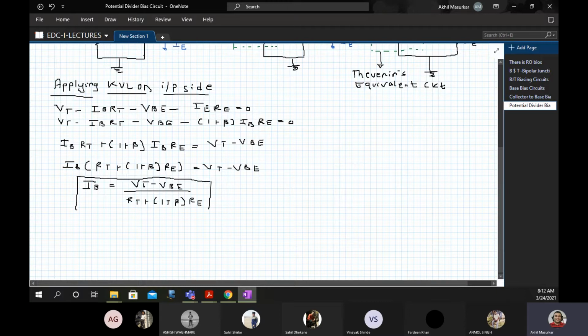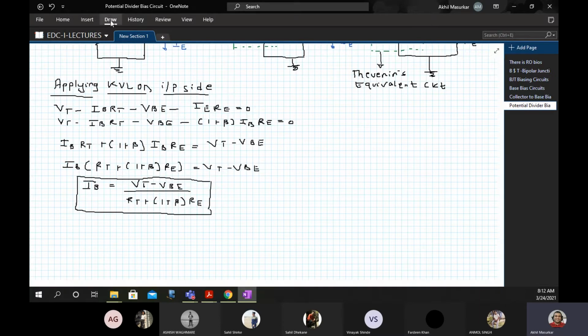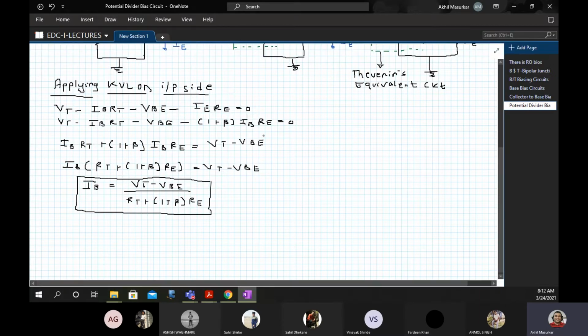So once we have the equation for IB, now we can write simply, but here you need to define two things, what is VT and RT. So VT is equal to R2 upon R1 plus R2 into VCC, and RT equal to R1 parallel with R2.